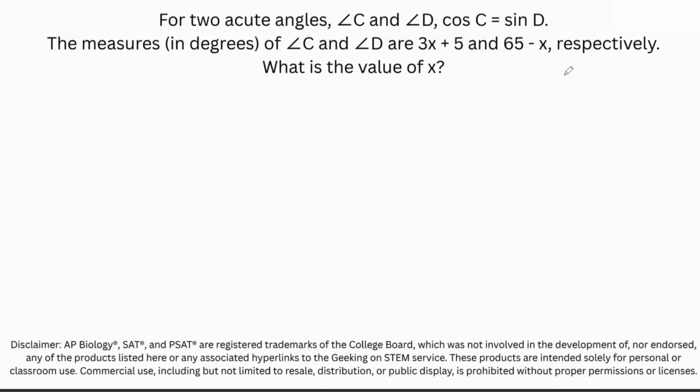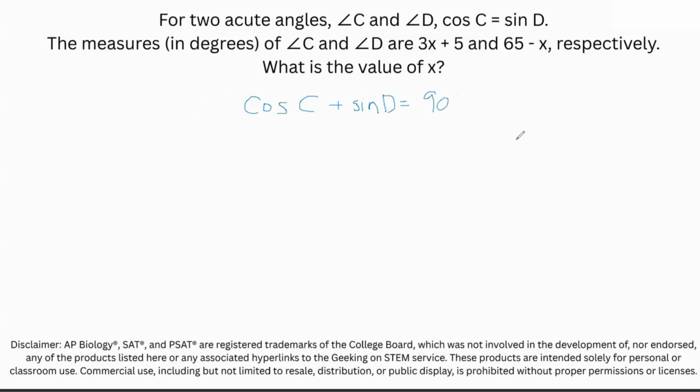So what that also means is we also understand based on trigonometric identities that cosine of C plus sine of D is going to be equivalent to something. Can you guess what it's going to be? Well, the cosine of C plus the sine of D is going to be equivalent to what we say 90 degrees.